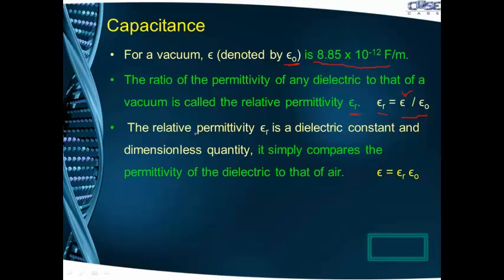So the relative permittivity epsilon r is the dielectric constant, a dimensionless quantity. It simply compares the permittivity of the dielectric to that of the air. So if we know the relative permittivity of a material, we can find the permittivity of that material by this relationship, that is epsilon equals epsilon r times epsilon naught.